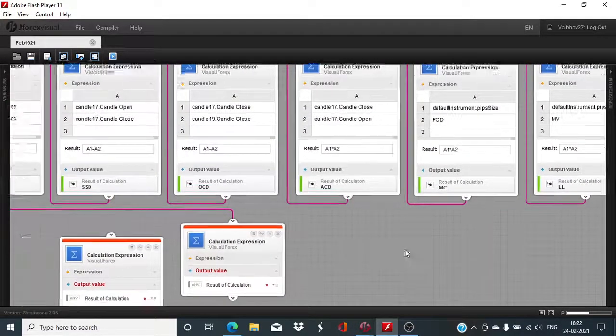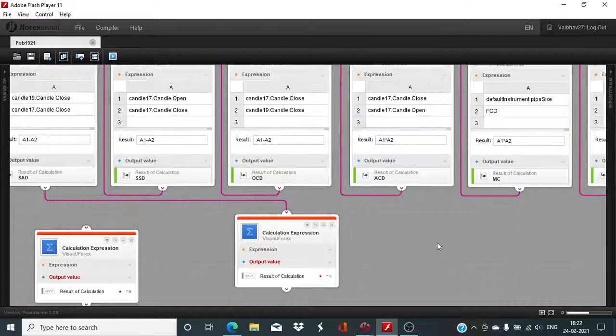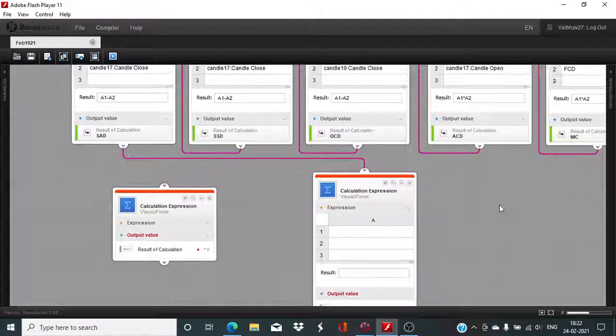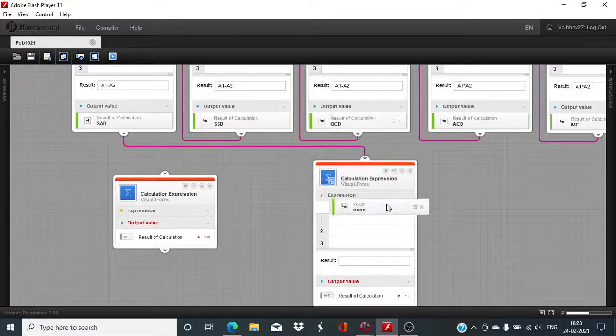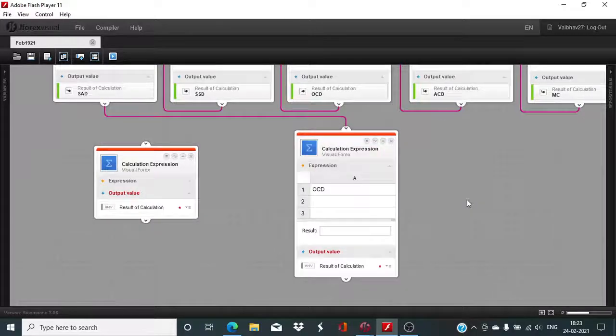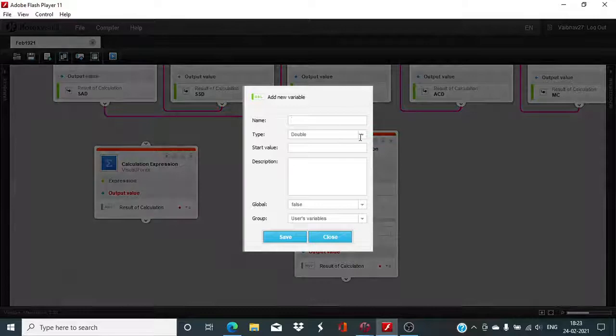we will have to look at the actual difference, OCD, and this is going to be equal to stop loss, and take profit is going to be twice of this. So here I create a new variable.